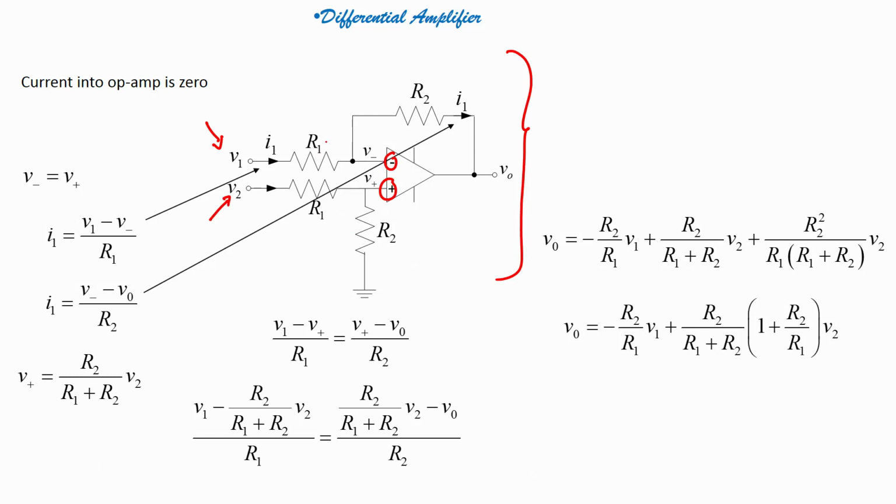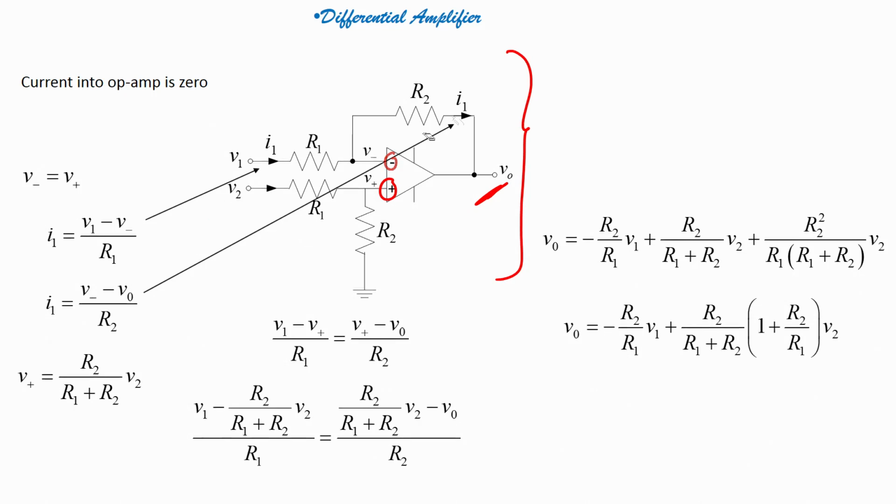I have values R1, R2, right. In this particular configuration, how can I find my output voltage VO? First, I have to find the relation between R2, R1, V1, V2 with respect to VO. Okay.